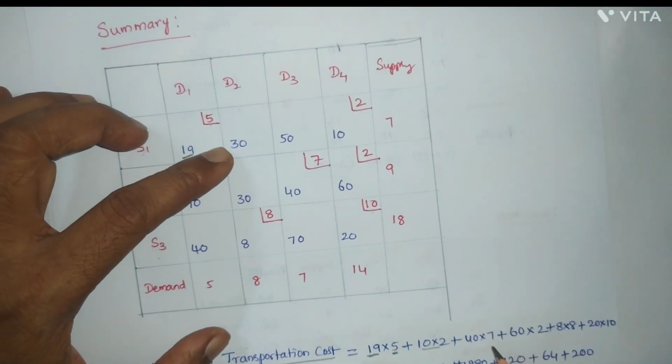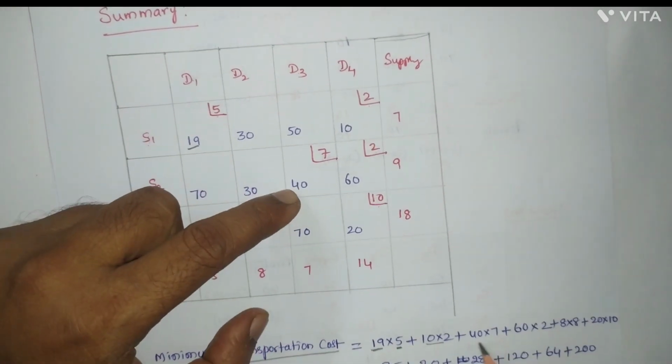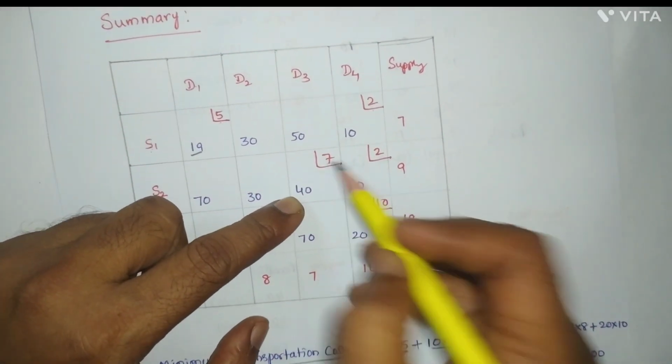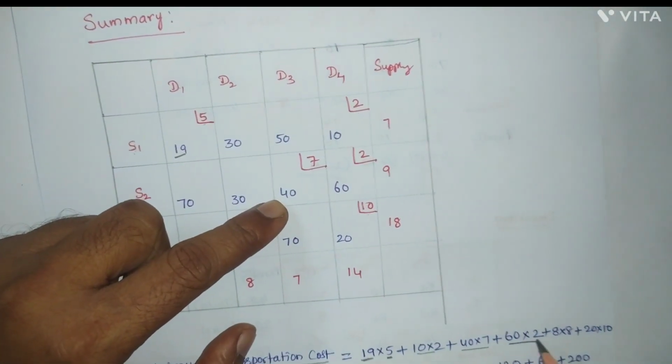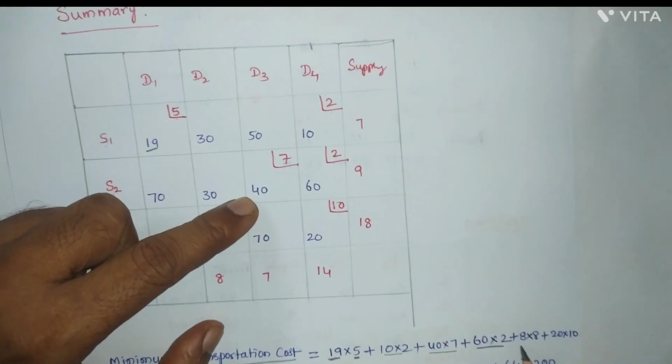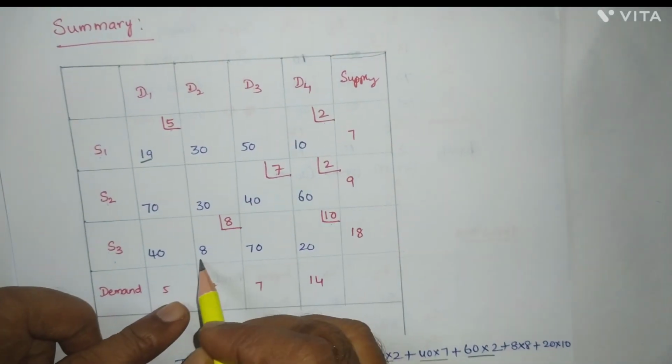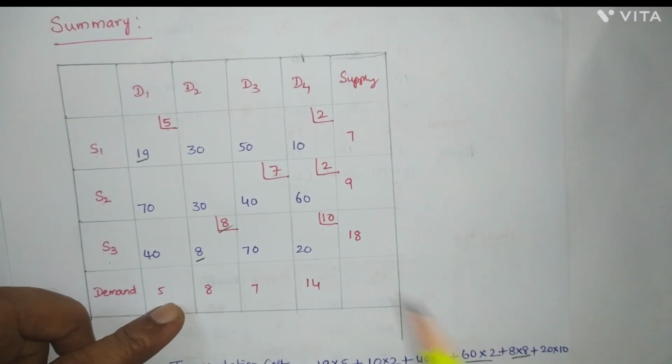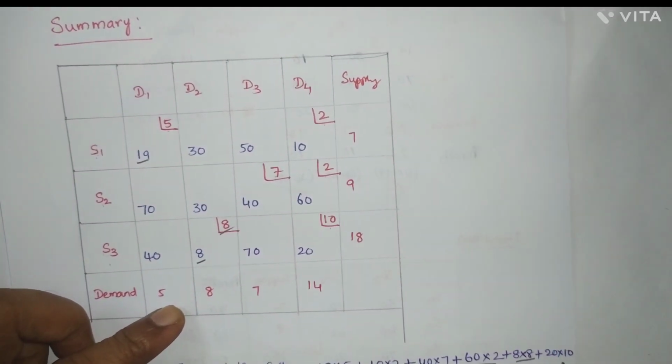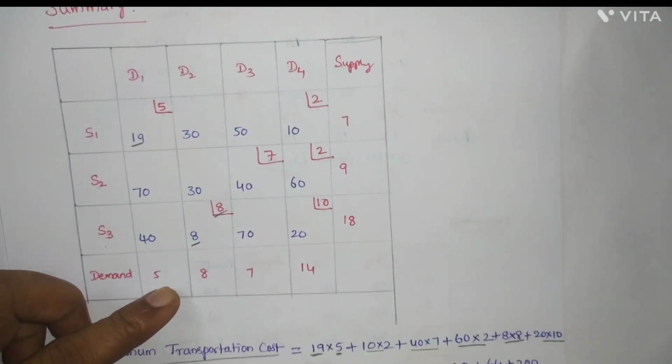Next, 40 multiplied with 7 units, 60 multiplied with 2 units, 80 multiplied with 8 units, 20 multiplied with 10 units. So the total is 779 rupees.